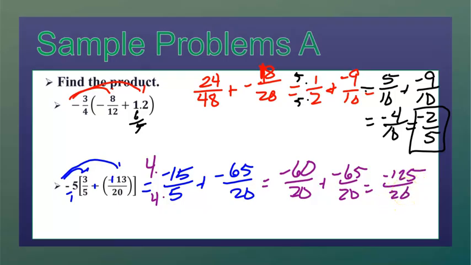And I can simplify here. I can divide the top and bottom by 5. And that's going to give us a negative 25 over 4. So negative 25 fourths. Or if you want, you can also put that as a mixed number. So that is a review on multiplying rational numbers.